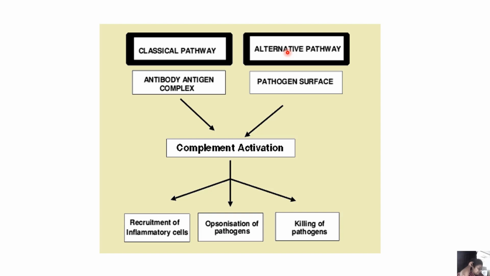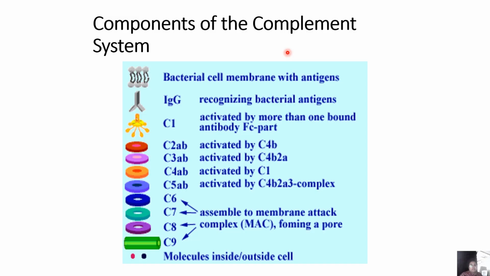These membrane attack complexes will create pores in the bacterial membranes, which leads to osmotic lysis. Now, why do Vibrios lyse in the Pfeiffer phenomenon? I'll come to this. Yes, these are the components of the complement system.